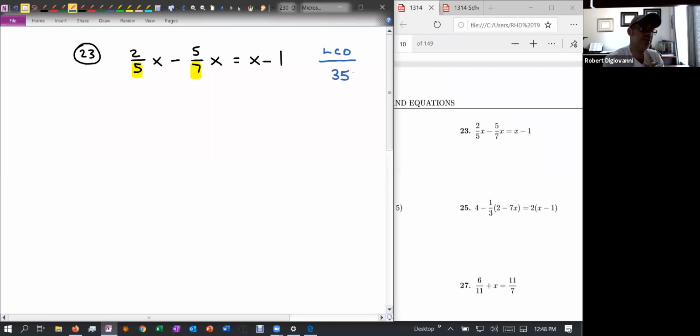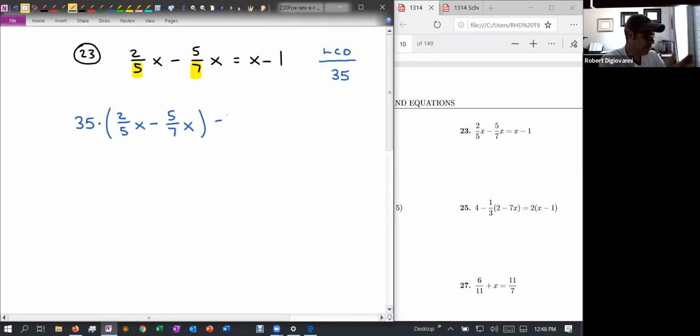And then we're going to do something very special with it. We're going to multiply both sides of the equation by 35. And this technique is called clearing fractions. So I'm going to take 35, and I'm going to multiply it times the entire left-hand side of the equation.